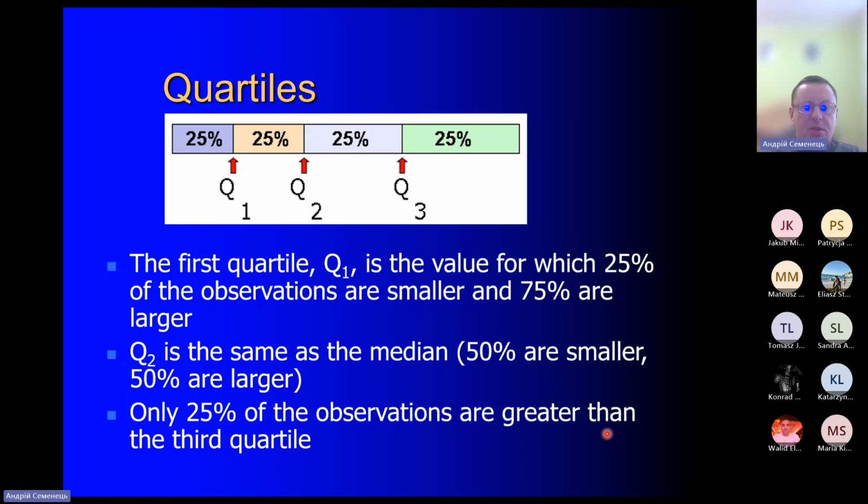Okay, quartiles are also a very common measure for assessment. This time we divide our sample population data set into four quartiles, and each one represents exactly 25% of our data.